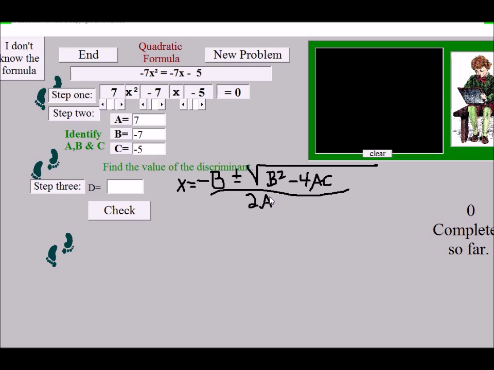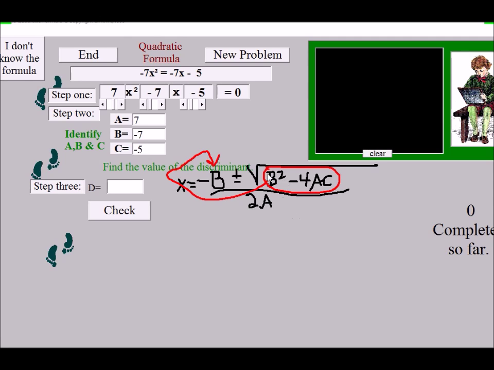And this part right here that's underneath the radical is called the discriminant. And if we know what sign the discriminant is, it tells us a lot about the solutions to our equation. And if we know the number, that will even tell us even more.